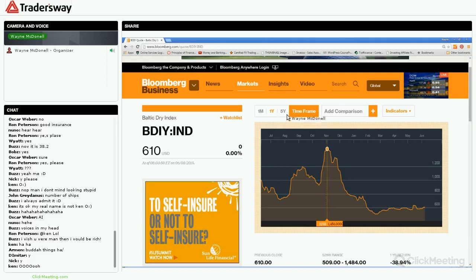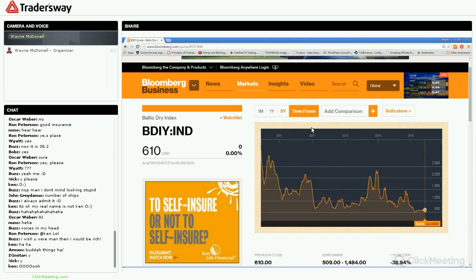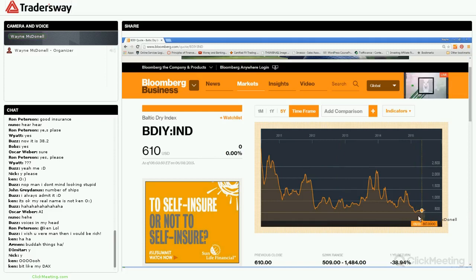How about a 5-year? Oh, snap. It was at 2,500. We're right here, and this is our awesome recovery. Look at that. Just ridiculously low.